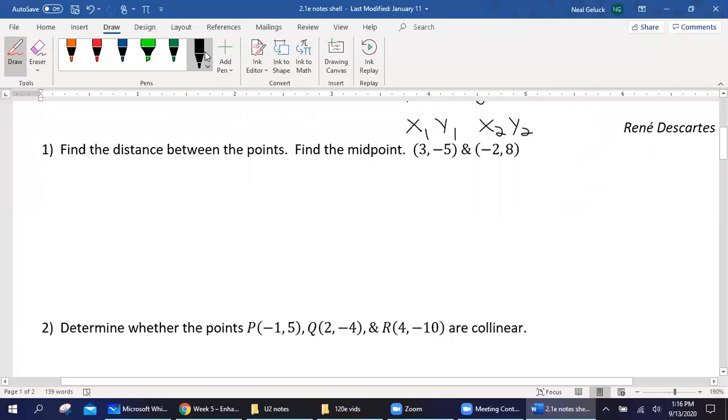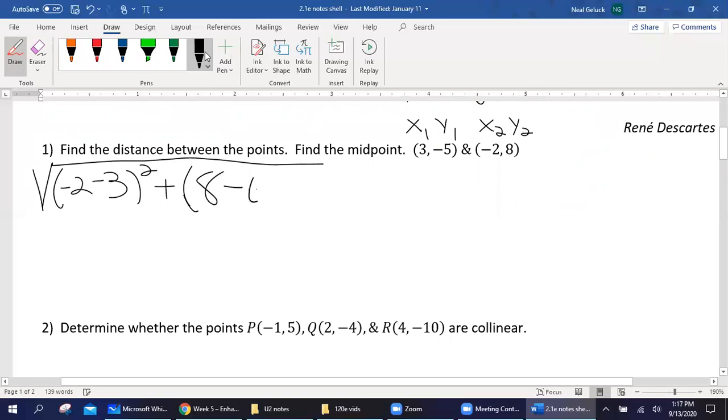So for distance, big long square root, x2, so -2, minus x1, quantity squared, y2, 8, minus y1. Now be careful, that's going to be minus -5.